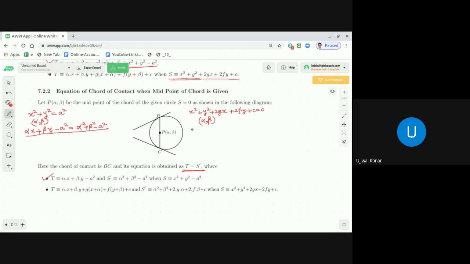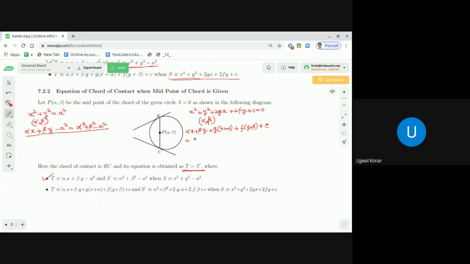T is the equation of the tangent to the given circle at the point alpha comma beta on the circle. It becomes alpha into x plus beta into y plus g into x plus alpha plus f into y plus beta plus c, equal to S dash.